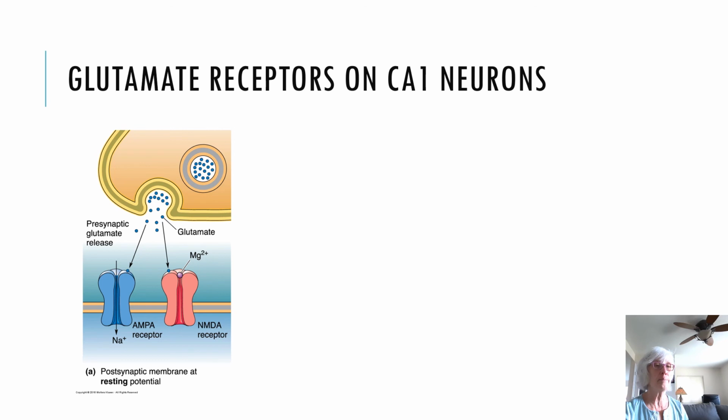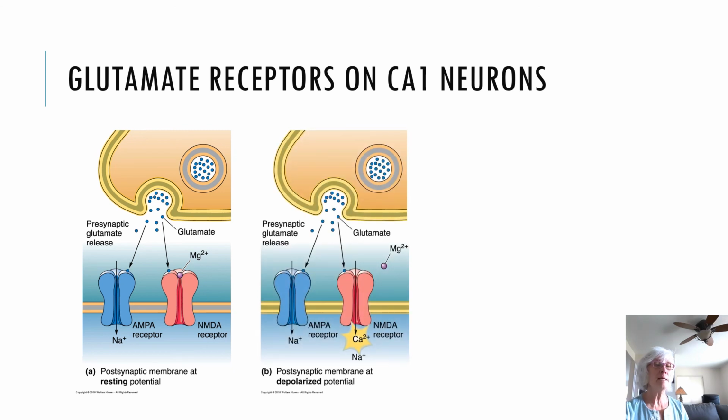for calcium. The NMDA receptor has a little bit of a delayed response because in order for the NMDA receptor to respond to glutamate, there first has to be some sort of depolarizing stimulus such that the depolarization will allow for that magnesium ion to be removed from the blocking of the NMDA receptor.